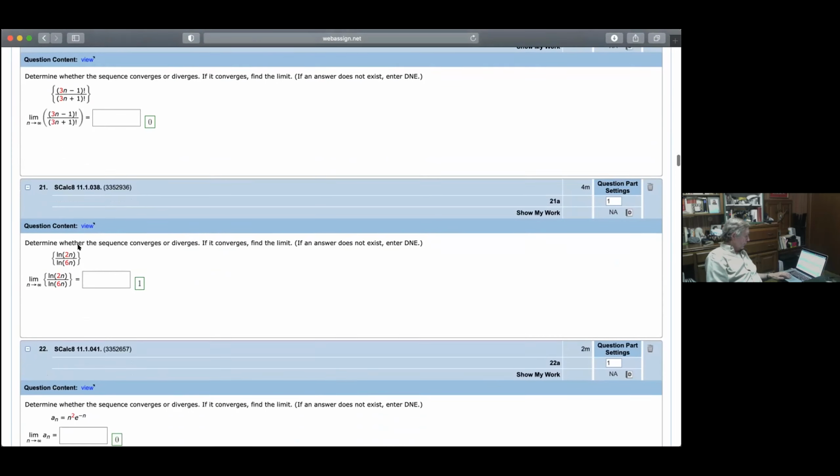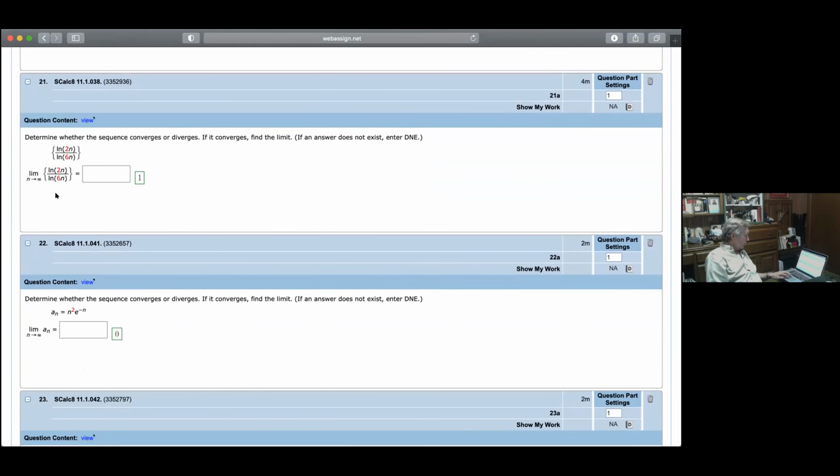Now, one comment without doing these problems. There is no rule about changing this by logarithms, meaning you can't just cancel. There's no rule about the quotient of logs. The rule is the log of a quotient, but not the quotient of logs. So you don't do that.